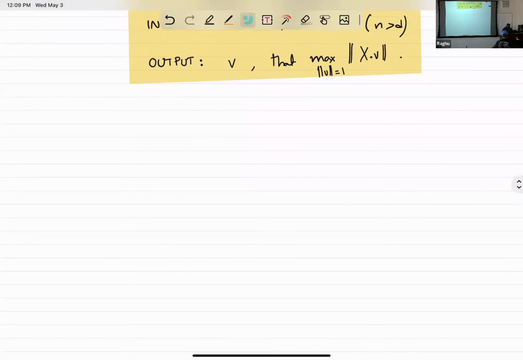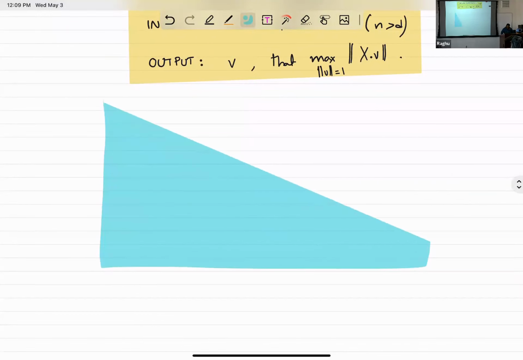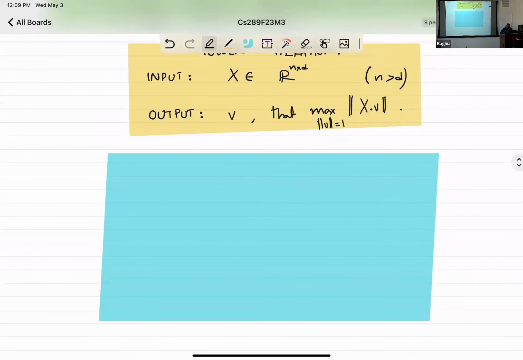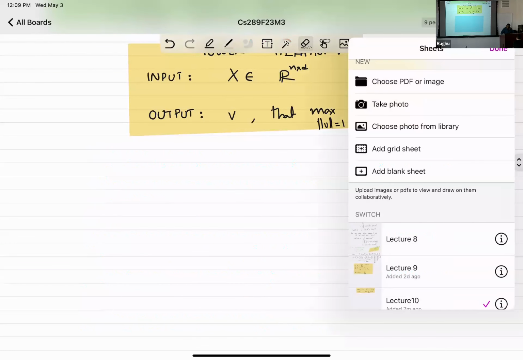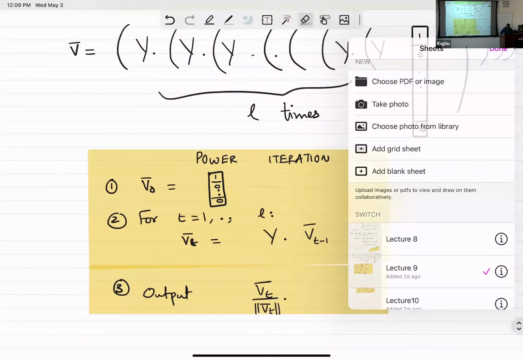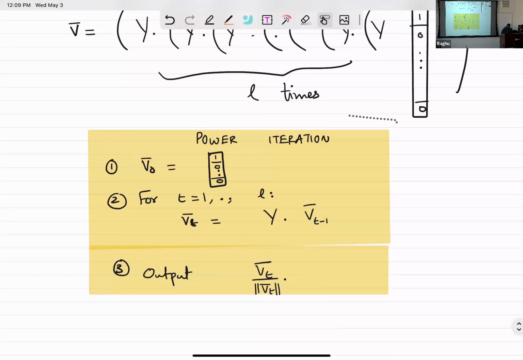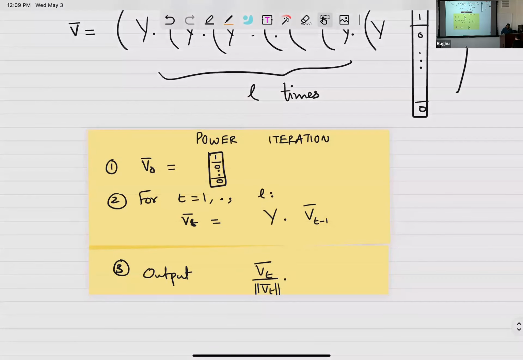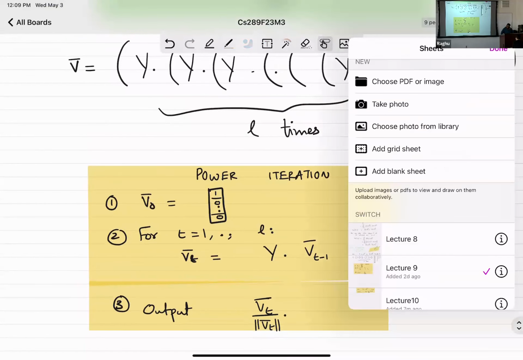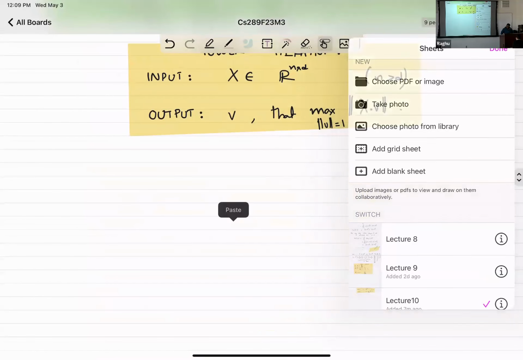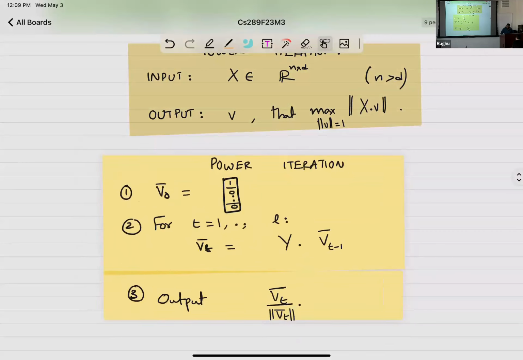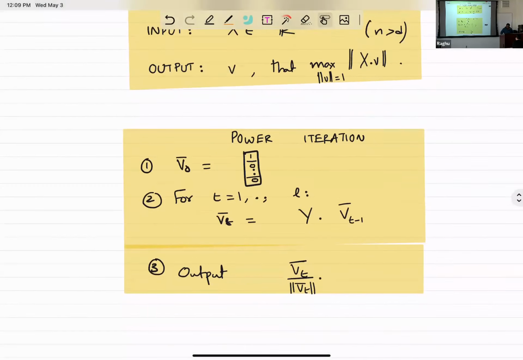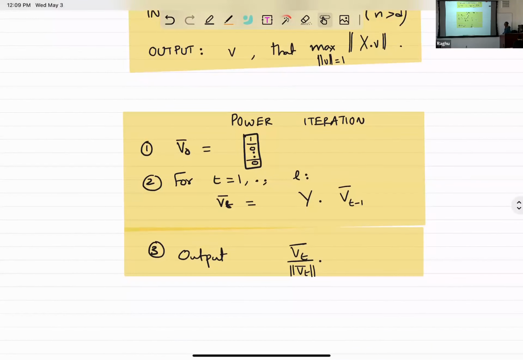And what was the algorithm that we said we're going to look at? Well, maybe I can actually copy this. Okay, so this was the power iteration algorithm.